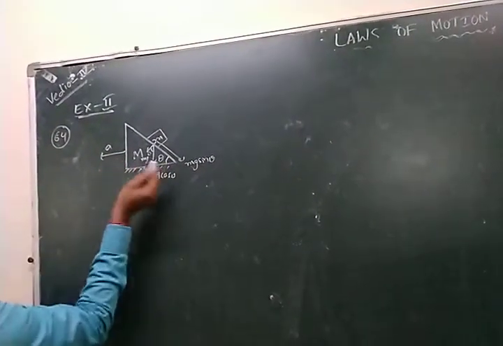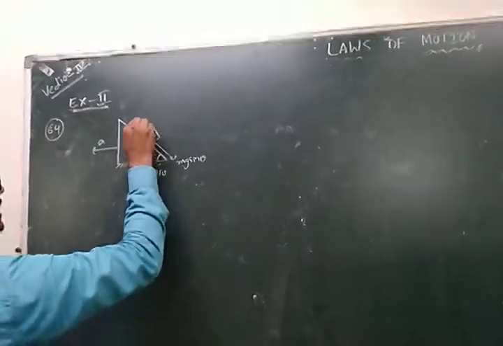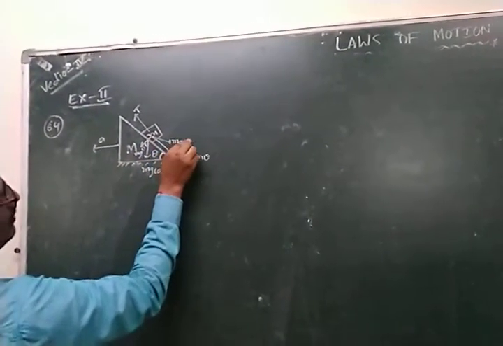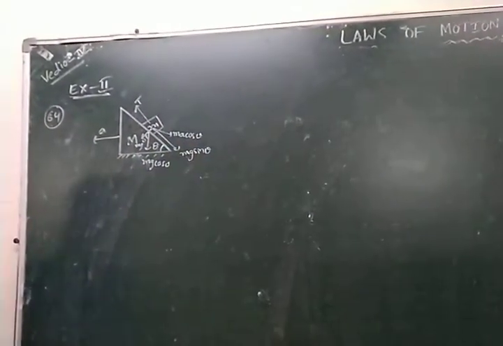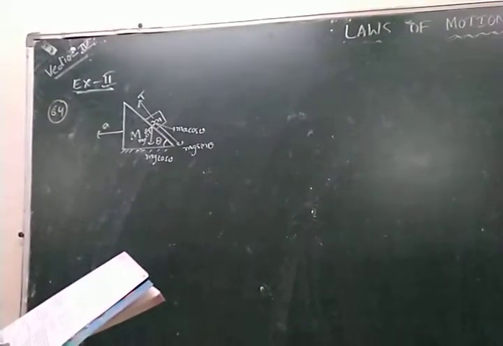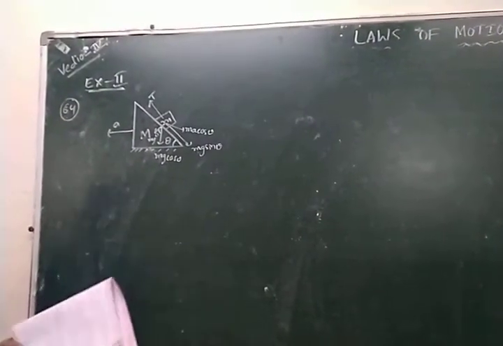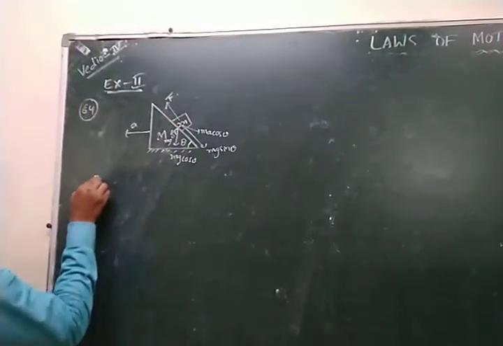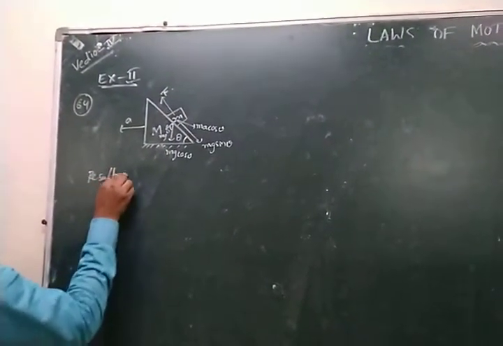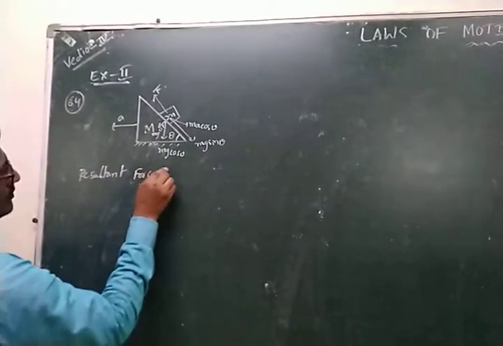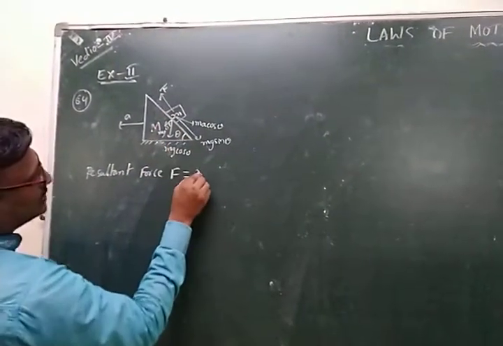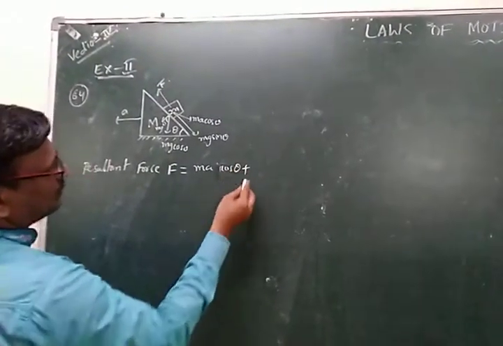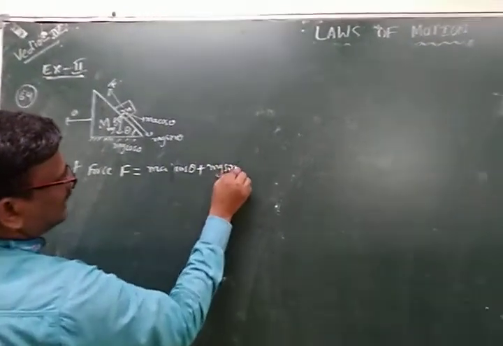And this acceleration also can be resolved: here a tension is acting, and here ma cos theta acts. Then the resultant force F is equal to the sum of ma cos theta and mg sin theta.